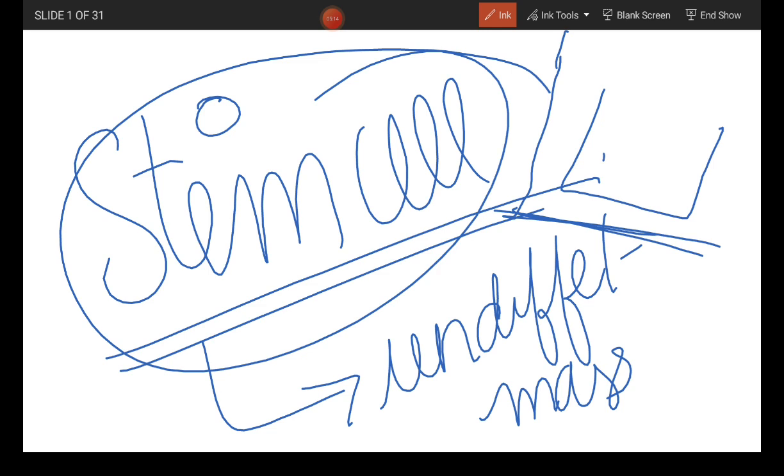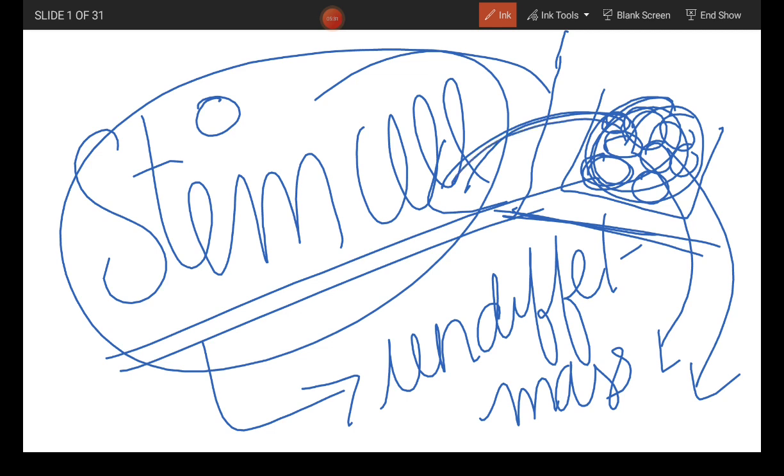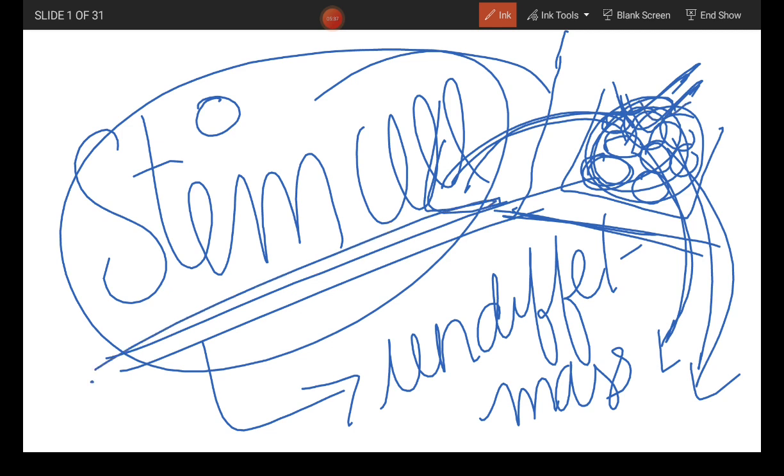We have a culture plate with so many types of cells inside it. These are undifferentiated, but these cells have the potential to develop into any kind of cell. So far they are not differentiated and not determined to become any particular type of cell. These cells are called undifferentiated cells. They are called stem cells.